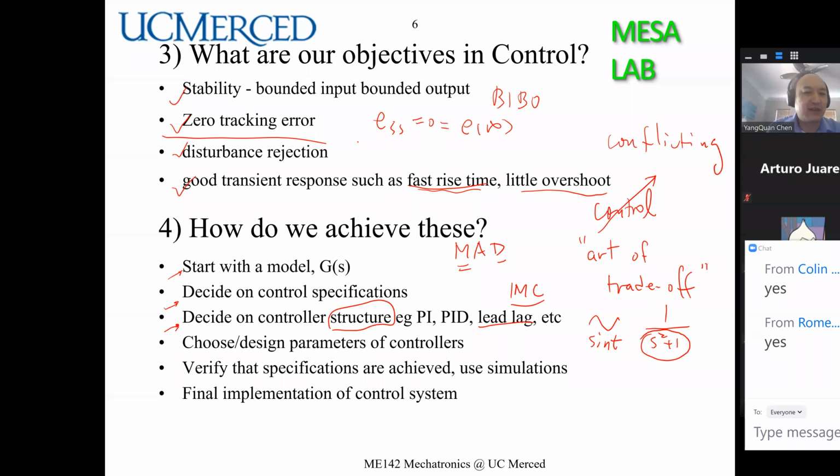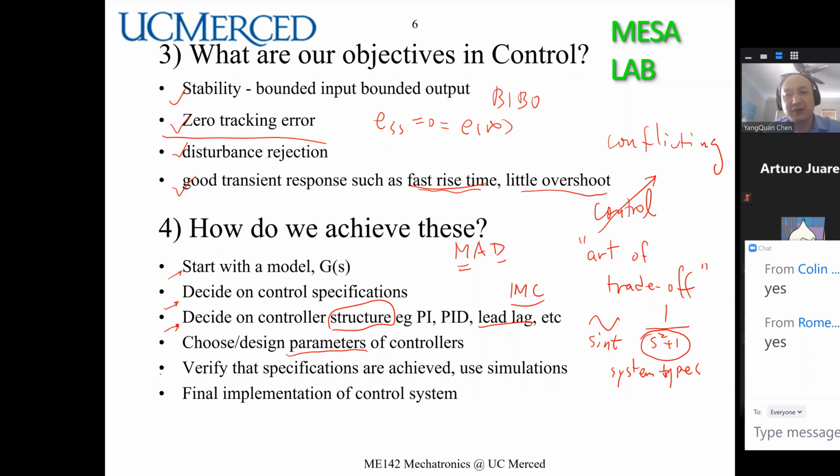It is a generalization of the concept of system types. You have learned system type 0, type 1, type 2 systems. Then decide the parameters, like for PID, Ziegler-Nichols tuning rules, Cohen-Coon tuning rules, and so on and so forth.